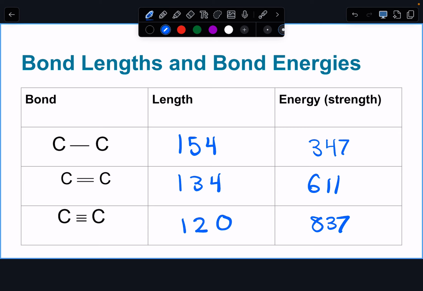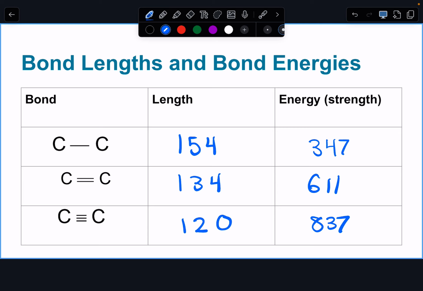As you make more and more attractive forces, remember, things that are attracted want to be close to each other, and so they pull in tighter and tighter. That's also what makes them stronger and harder to break apart. It's just like the nucleus and an electron: the closer they are to each other, the stronger they're held together. This is why the core electrons aren't the ones involved in bonding.